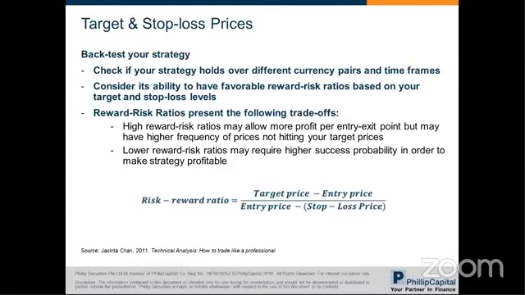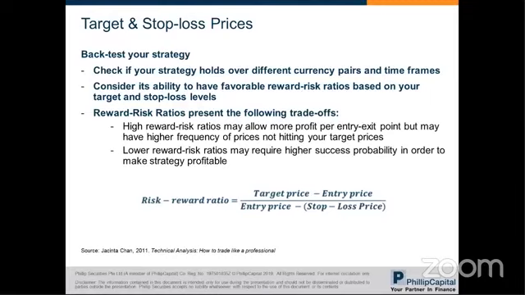Also, when setting your target price and stop loss, consider how high you want your target price to be, and how much you want to set your stop loss in terms of percentage. One way to do so is to use the risk reward ratio, which is based on the target price and your stop loss price.